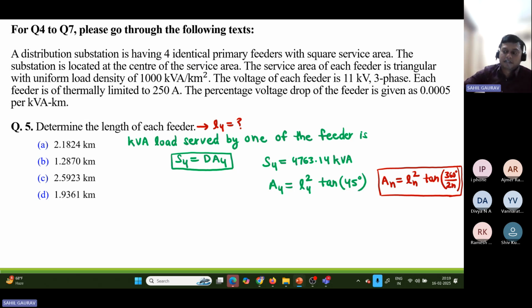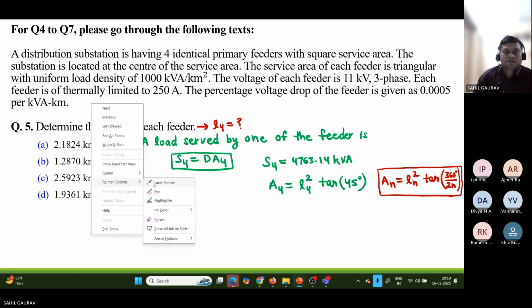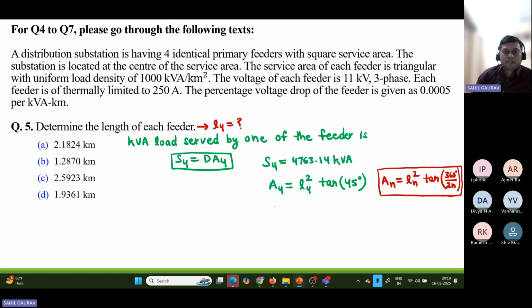What is the load density they have provided? The load density given is 1000 kVA per square kilometer.